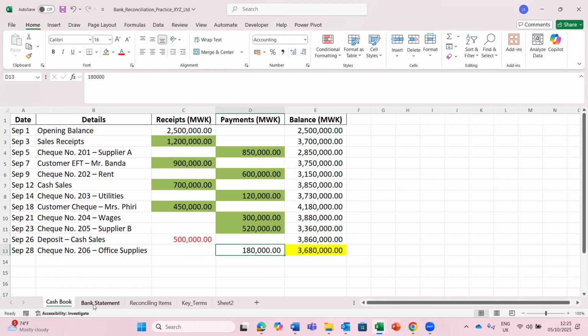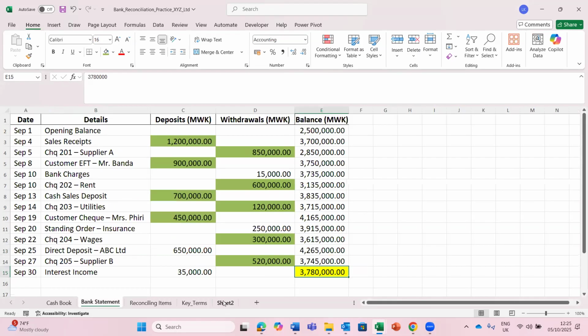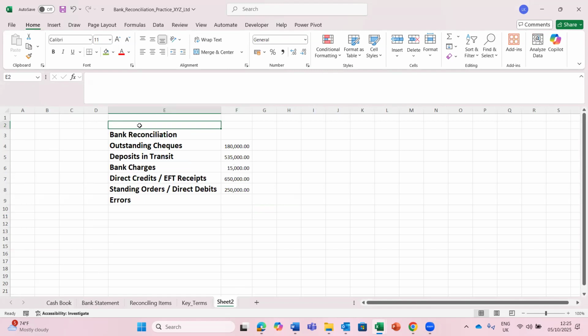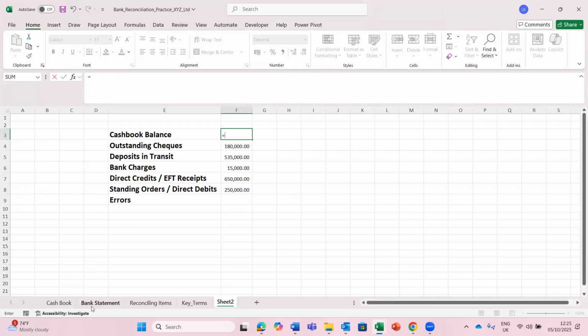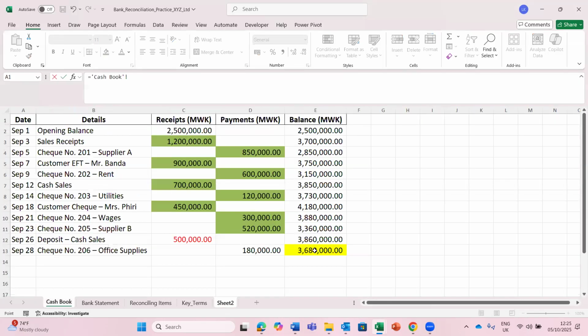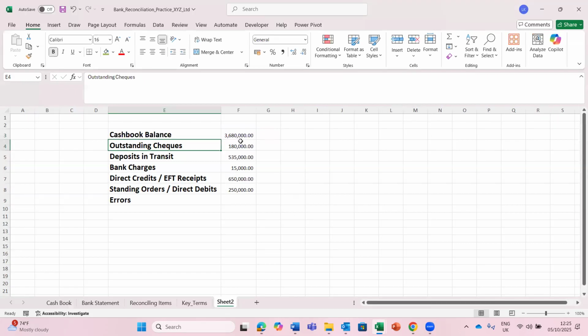So you go to this one, and let me just remove the words bank reconciliation. Then I'll just say cash book balance. How much is the cash book balance? Cash book balance is 3680.